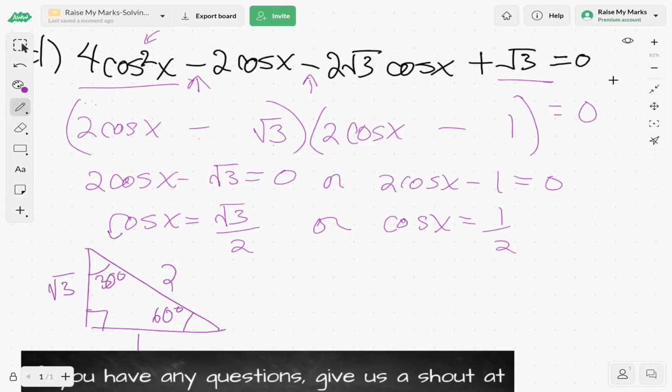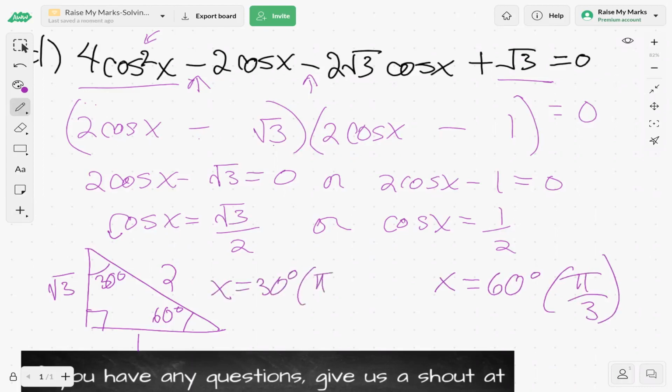Okay, so which angle has a cos of 1/2? That would be 60 degrees, or pi over 3 radians. And which angle has a cos of root 3 over 2? That would be 30 degrees, or pi over 6 radians. So our answer is 30 degrees or 60 degrees, or pi over 6 radians, or pi over 3 radians.